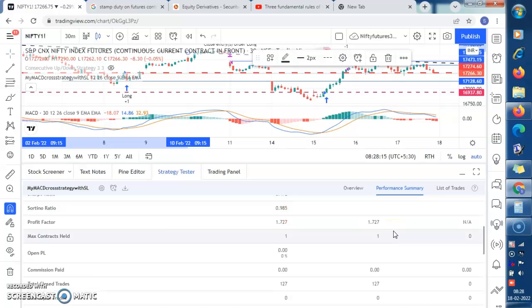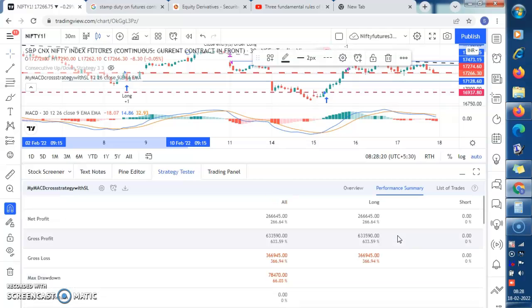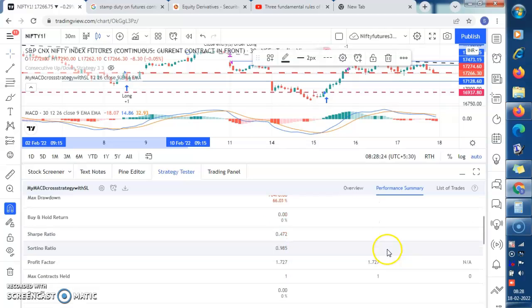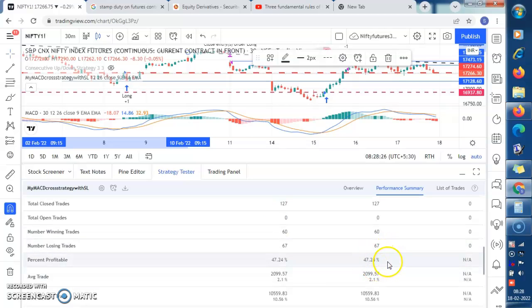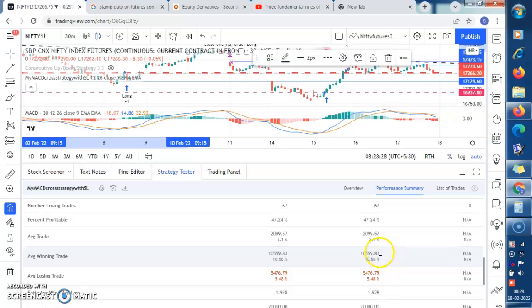You see here all the parameters. This was the net profit, this was the net loss, and 47% of the trades are profitable, but the win to loss ratio is almost 2:1, and the average trade is 2099.